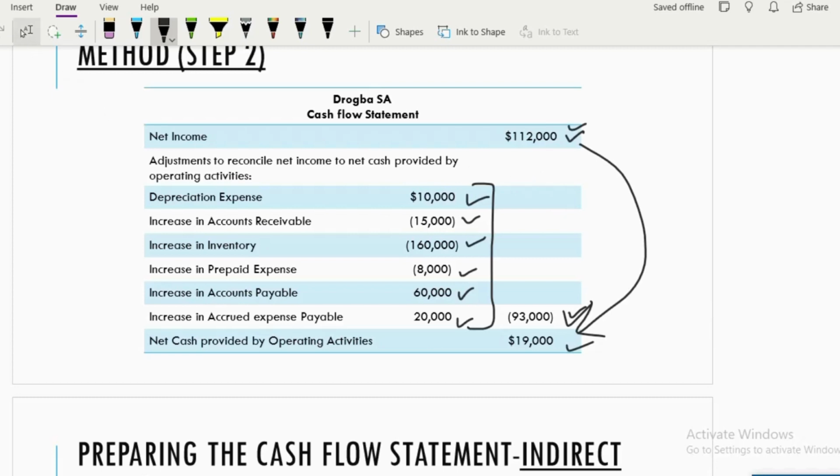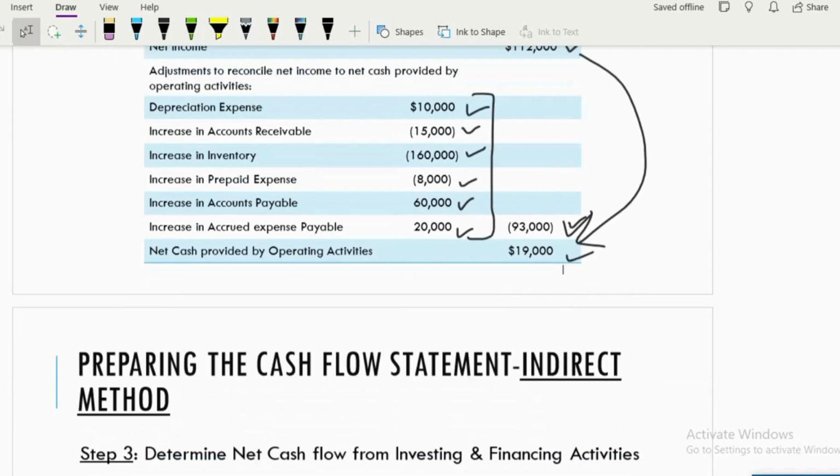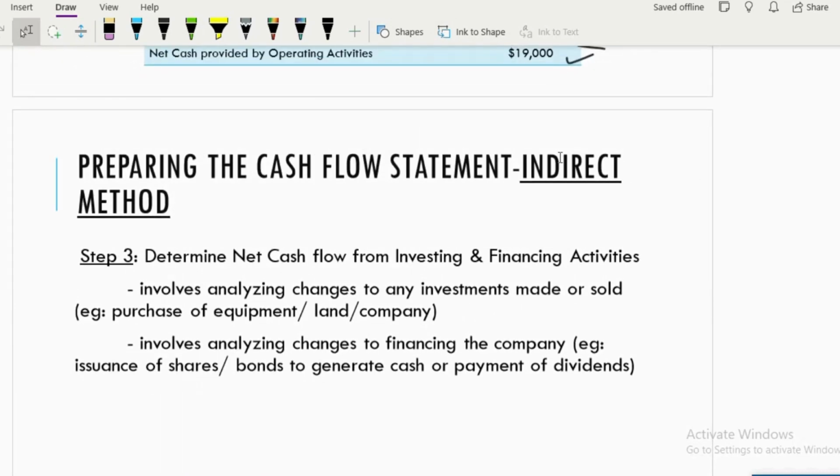Let's move on to the next part. Step number 3 says to prepare the cash flow from investing and financing activities. For investing activities, we will be looking into non-current assets, like land, equipment. If you purchase them, they take the money. If you sell them, they bring the money.